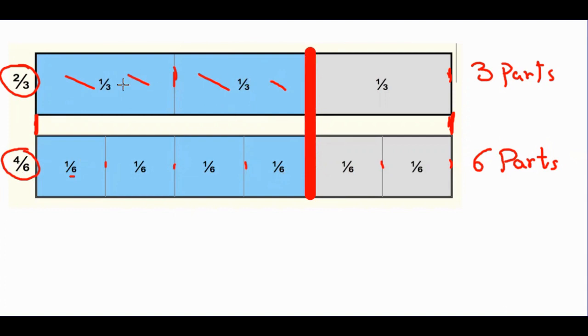So 2 parts out of 3 is equal to 4 parts out of 6. So I can say that 2/3 is the same as 4/6.